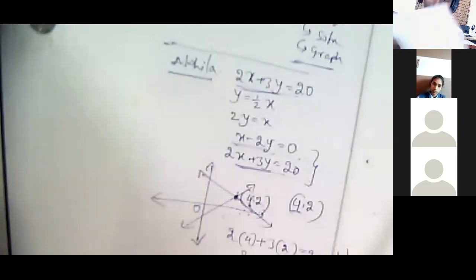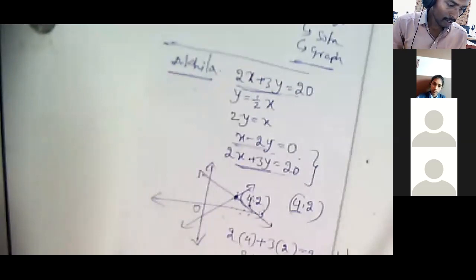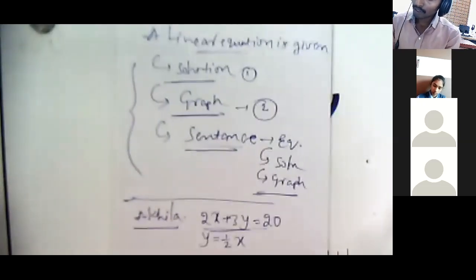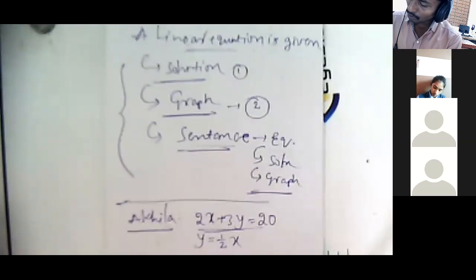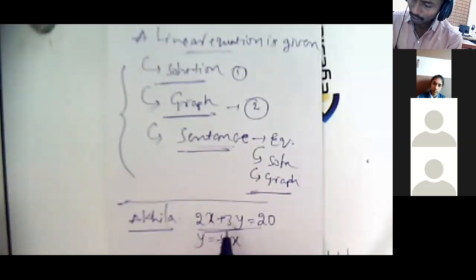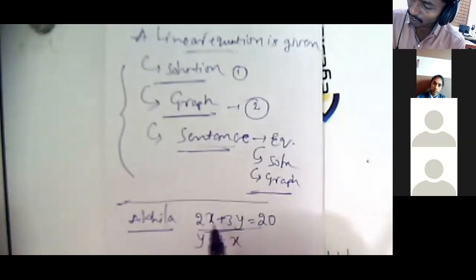Checking the textbook in the graphical method. Okay, 4, 2 is right. But the given equations are not 2x, it is 3x.